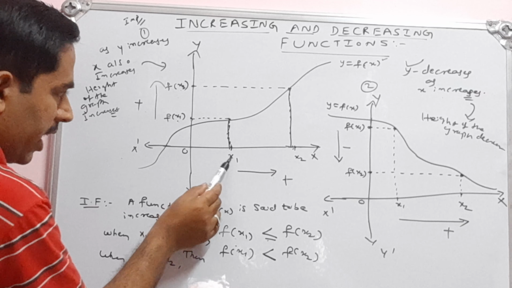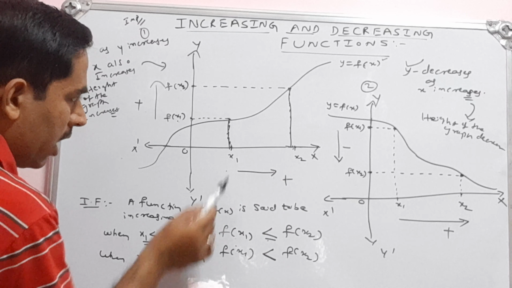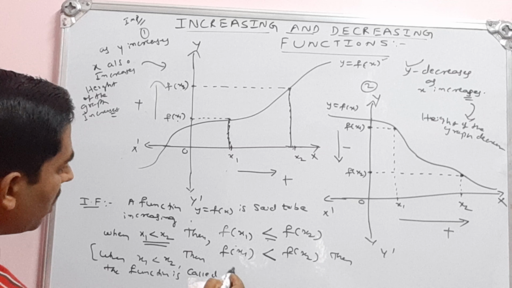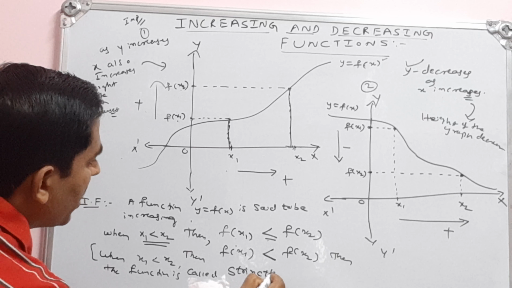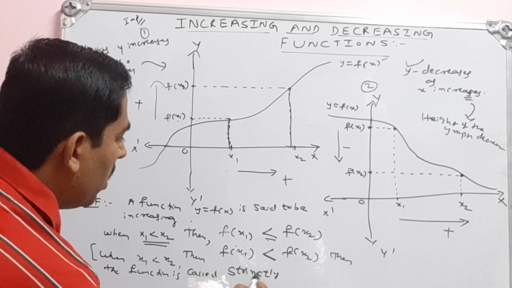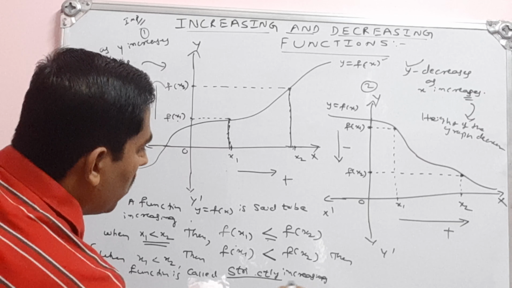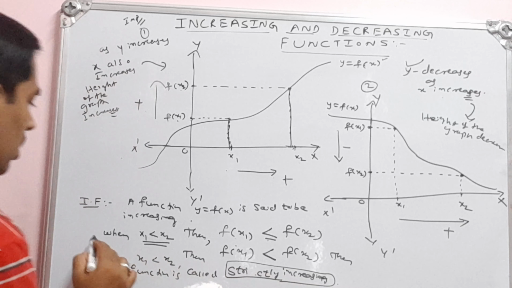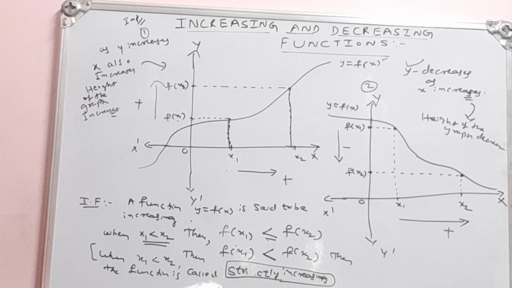So if x1 is less than x2, then the value of the function at x1 is less than f of x2, and then the function is said to be strictly increasing. So we use the word strictly. This is called strictly increasing.